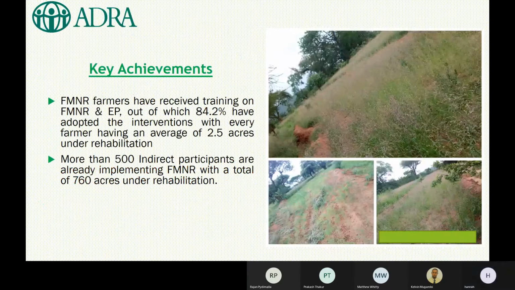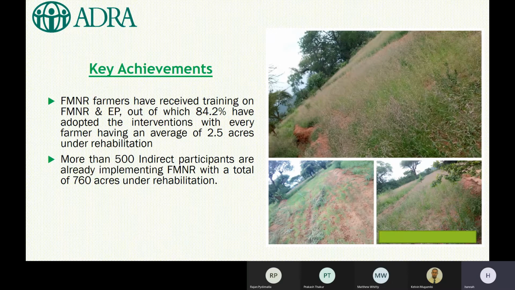So the other achievement concerning this, the farmers also received training, and out of which 84.2% have actually adapted the intervention, with every farmer having an average of 2.25 acres under rehabilitation.